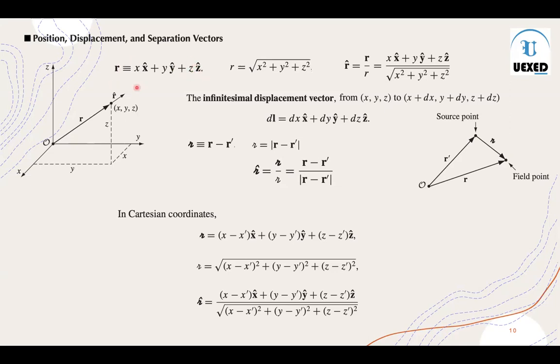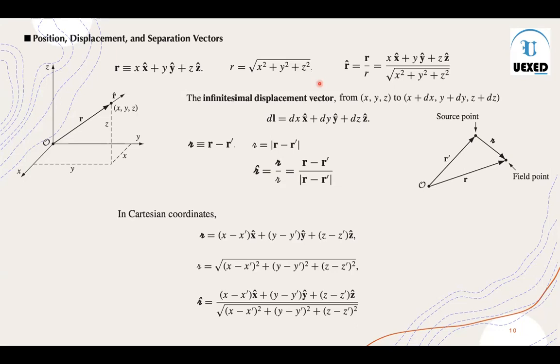This is known as the position vector, and you can define its magnitude as r equal to root over x squared plus y squared plus z squared. These are very basic things which you have already learned, but for the symbolic purpose, when I use these symbols, this is what I meant.